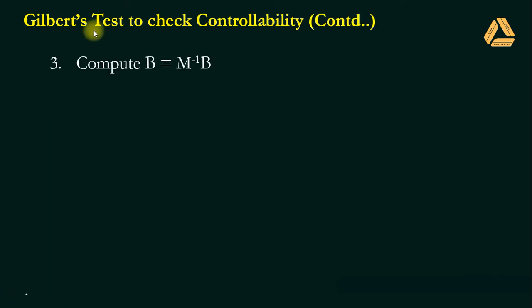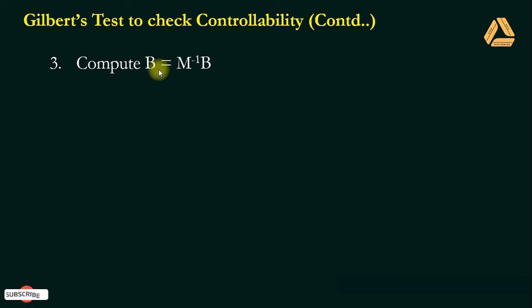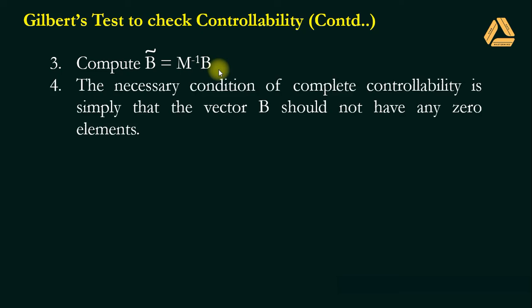And the third step: so as of now, you have formed the model matrix, which is used to diagonalize a matrix. We construct this M matrix and then compute B, which is given by B equals M inverse into B. You take the inverse of the model matrix and multiply it with the B matrix.